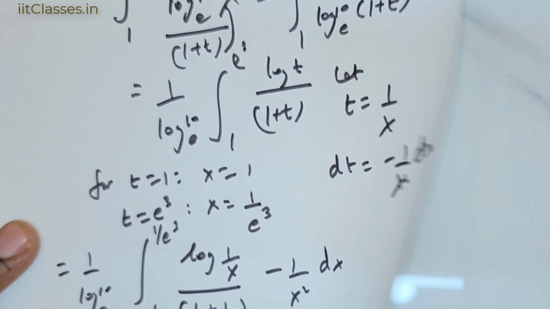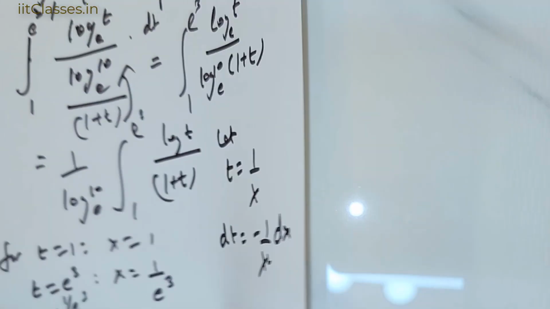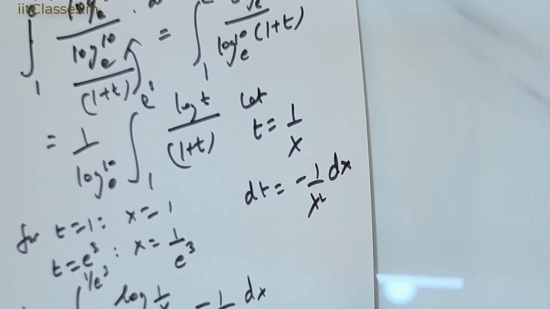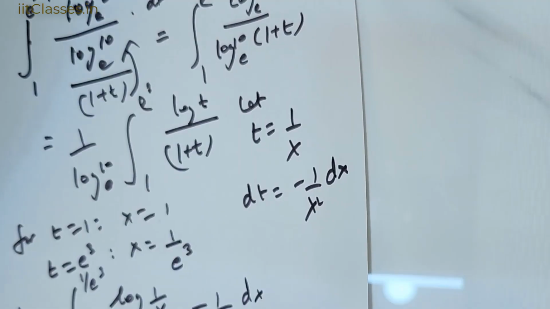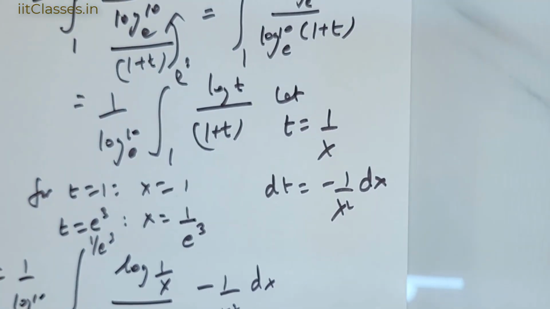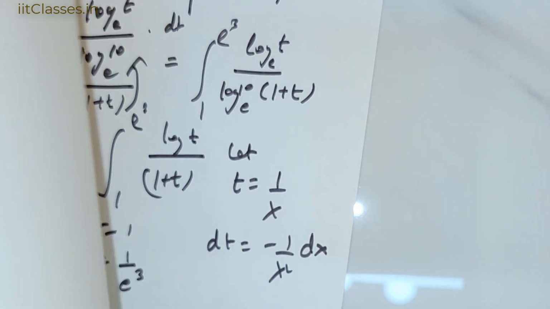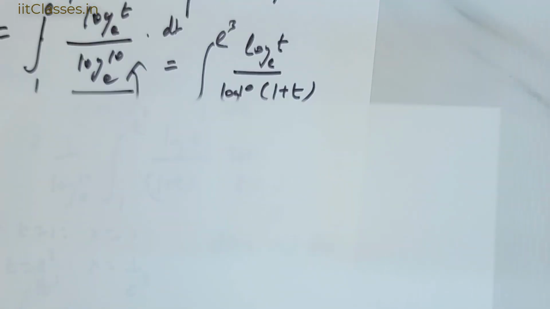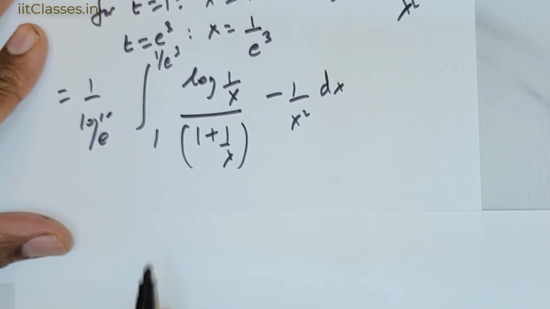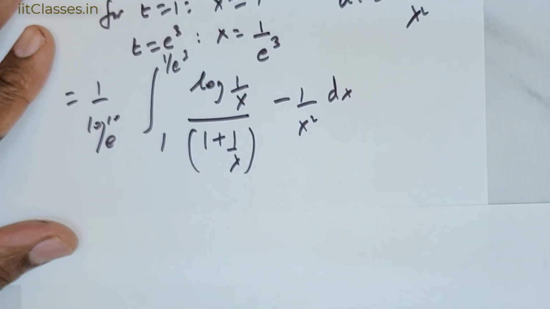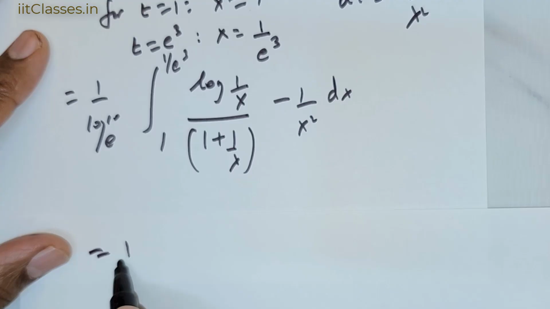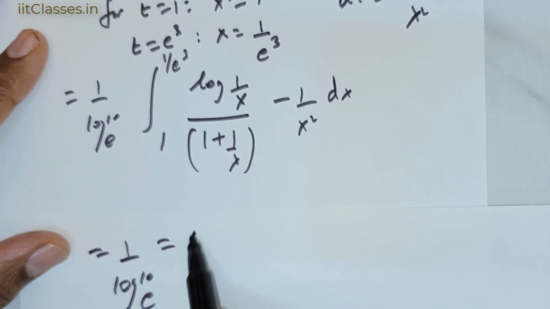Okay, now let me use another paper. So this is equal to 1 over log 10 to the base e, integral from 1 to 1 over e cubed.